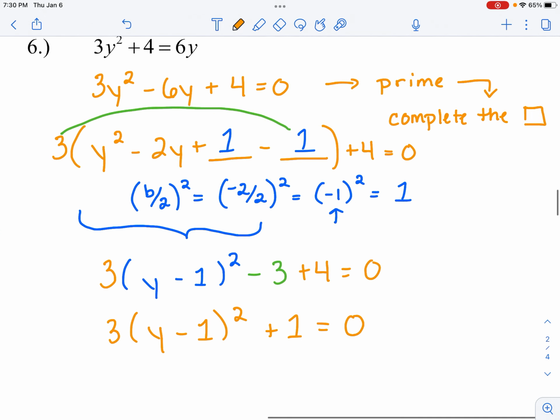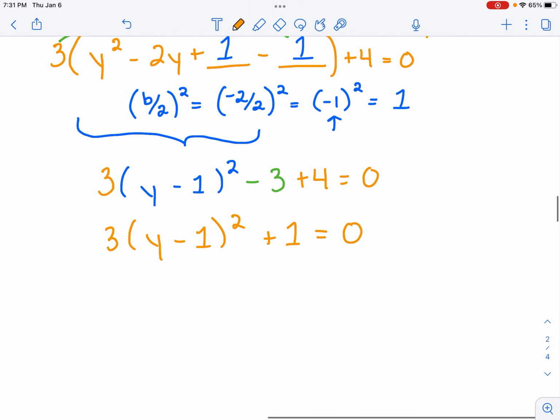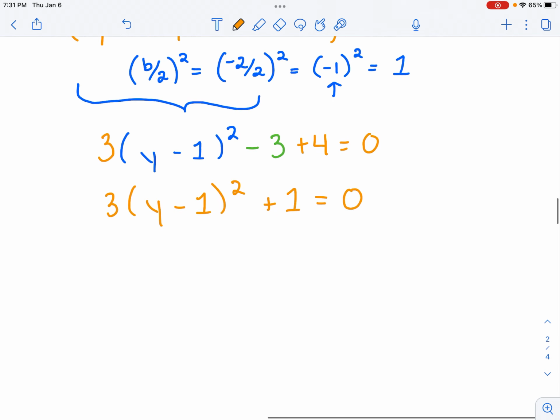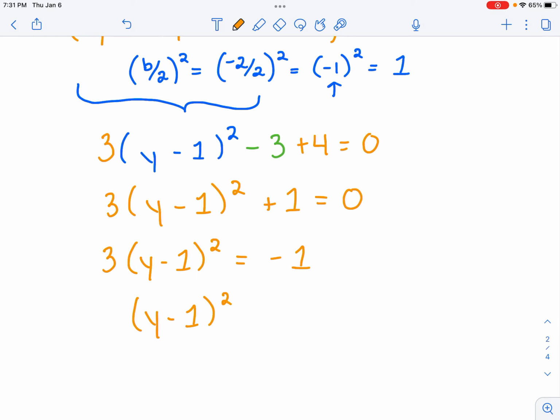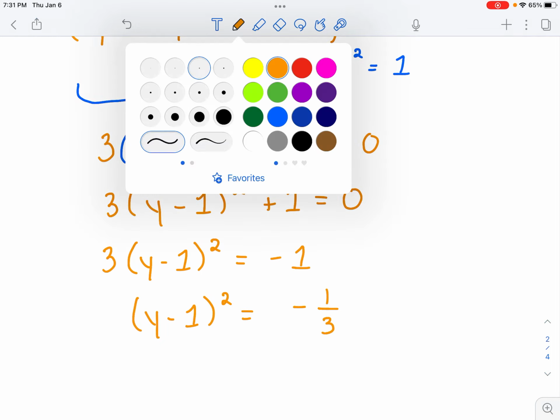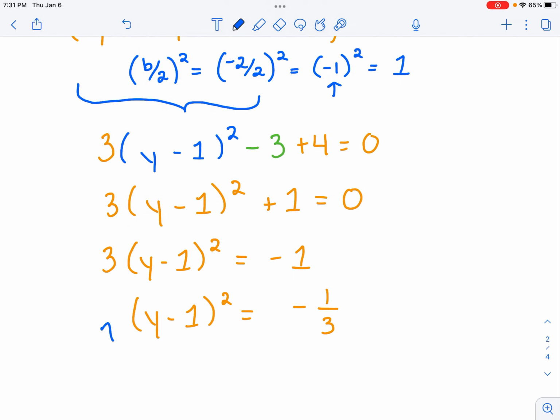All right, so now if I slide down, give myself just a little bit more room to work here, I'm going to isolate the squared expression. So 3 times y minus 1 squared, take away the 1 equals negative 1, divide out the 3 now, y minus 1 squared equals negative 1/3. And now I need to square root both sides.